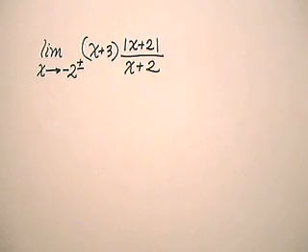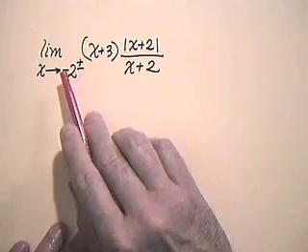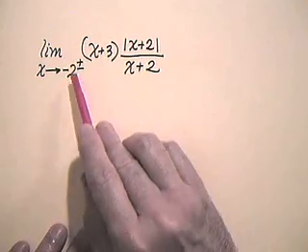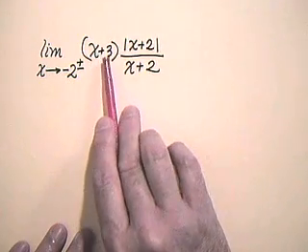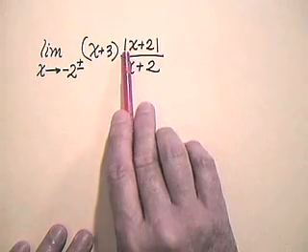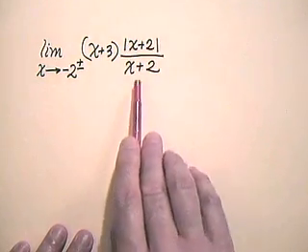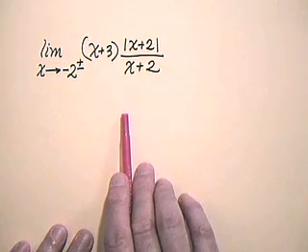Let's look at an example of one-sided limits where we have to deal with the absolute value function and see what can happen. Here, I want to look at both the right-hand and left-hand limits as x approaches negative 2 of the expression x plus 3 multiplied by the absolute value of the quantity x plus 2 divided by the quantity x plus 2.